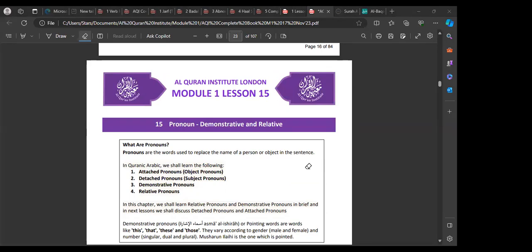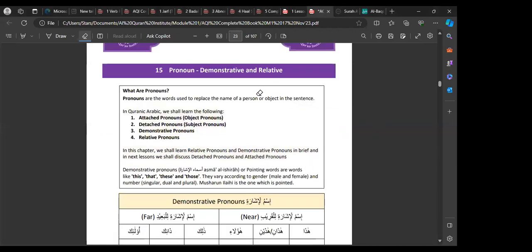So from lesson 15, we said we are going to delve into pronouns and all of their different types. And so far we covered relative pronouns, demonstrative pronouns, and attached pronouns. This is the last lessons that we covered.